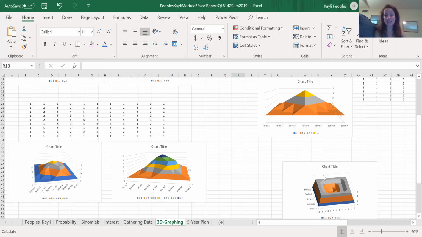Which you can kind of see in this one, like this is square, but it doesn't look square because of the angle, the perspective that it's at. It makes it look more like this instead of like this. And even with my hands, so you can see that there. But the different perspective helps to make decisions.